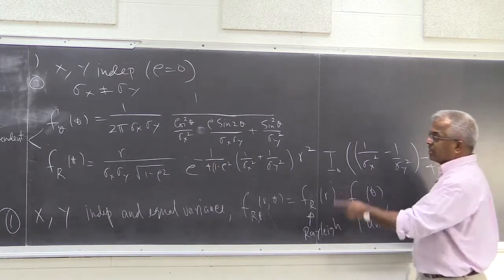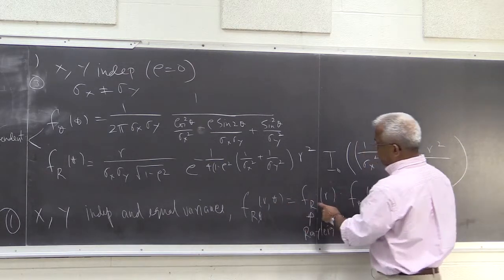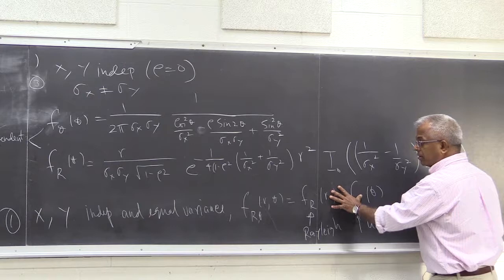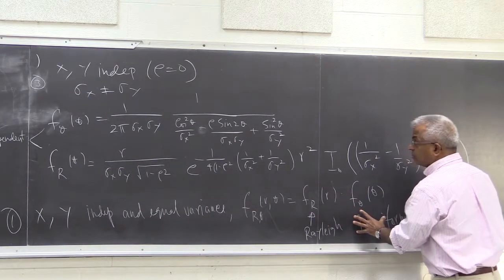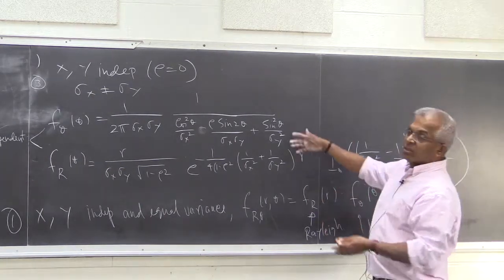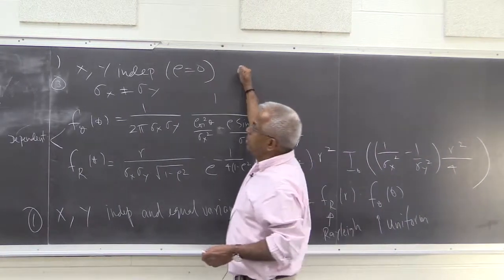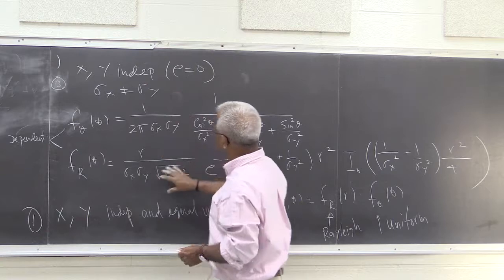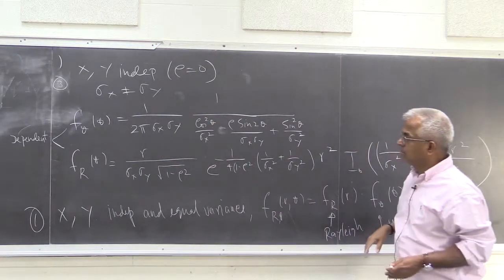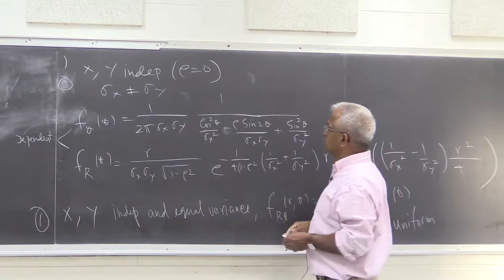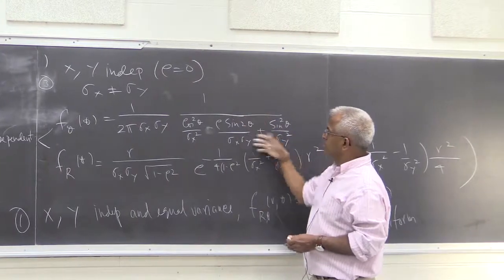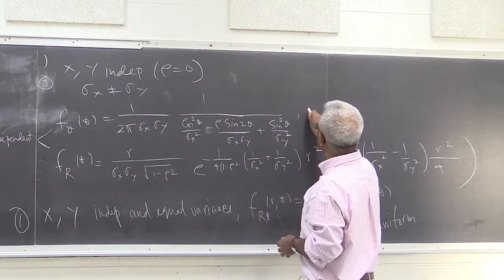So in that special case, the magnitude and phase are independent. The magnitude is Rayleigh, phase is uniform. Everywhere else it's a mess. So for example, x and y are independent but have unequal variance. The magnitude is like this, and the phase is another mess, because theta is all over.